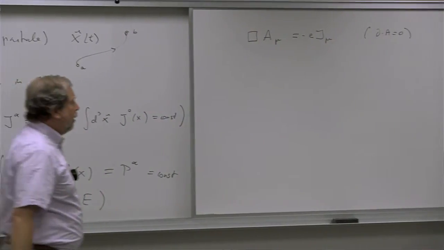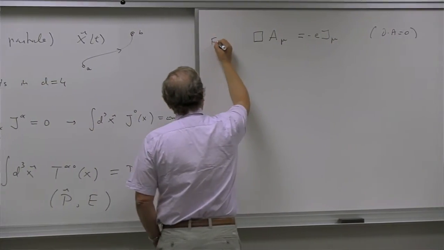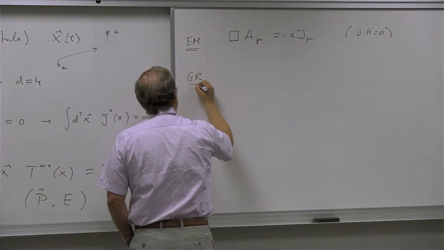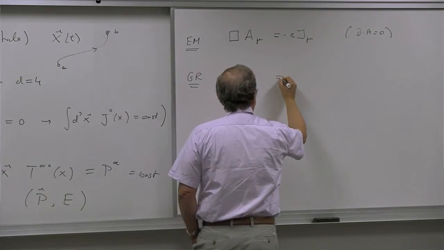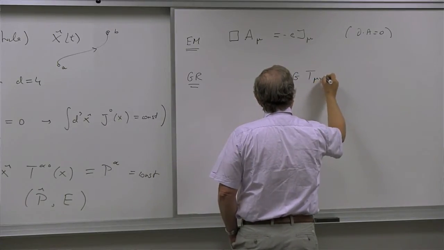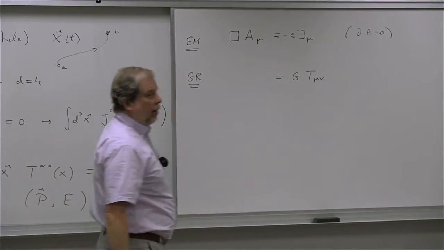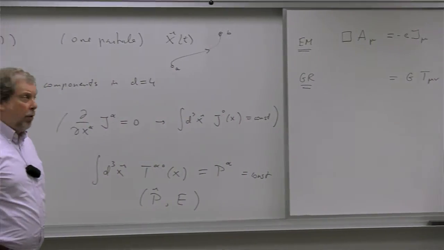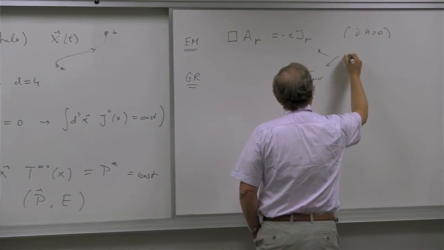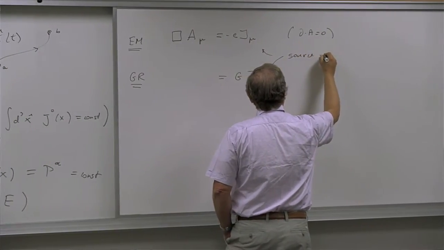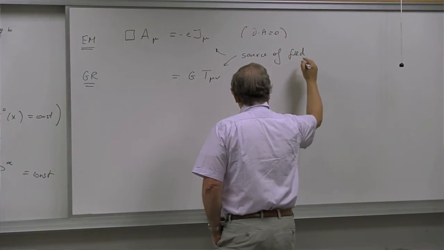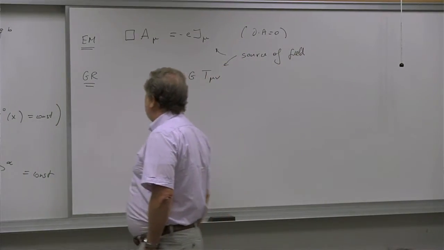And so this is the electromagnetic case, right? And if you look at the gravity case, then what you do have on this side is G times a T mu nu, right? G times a T mu nu as a source term. Source of the field.